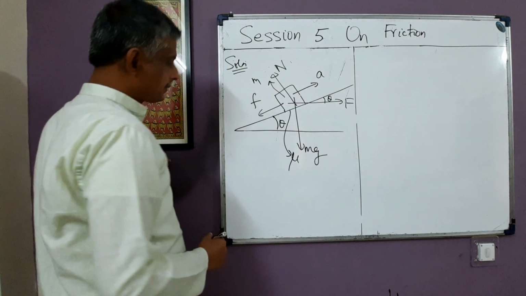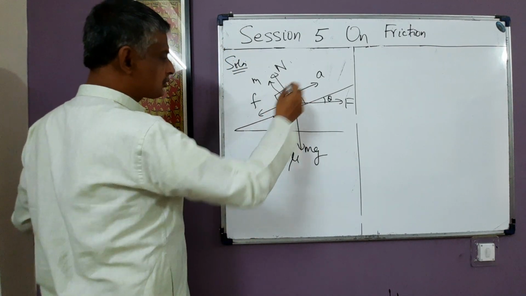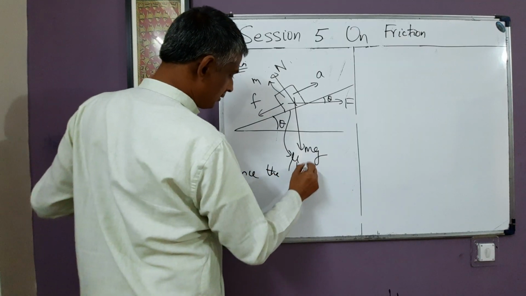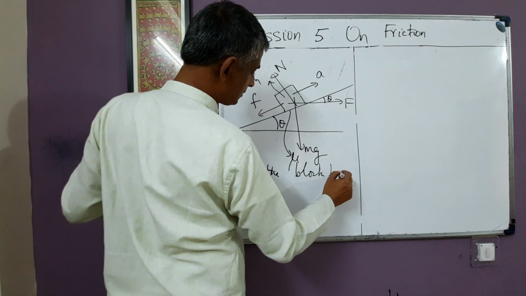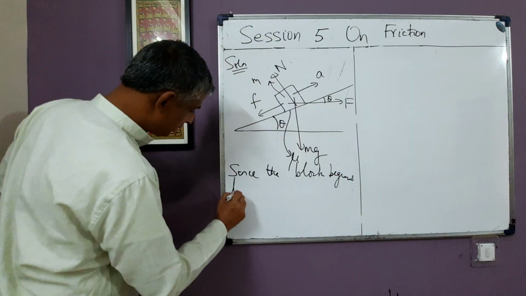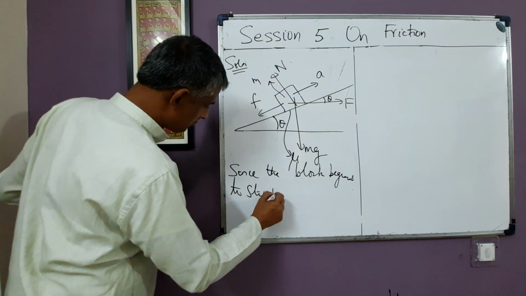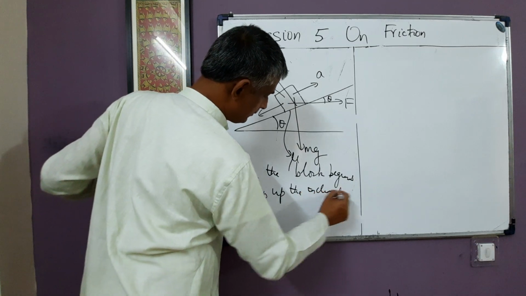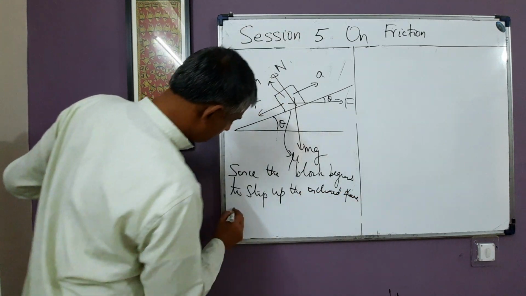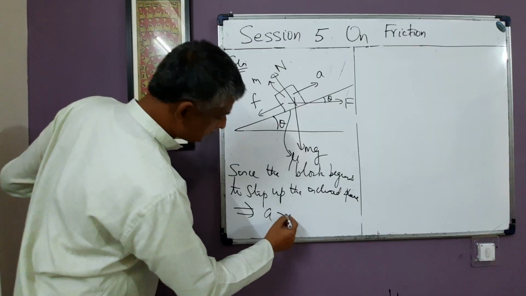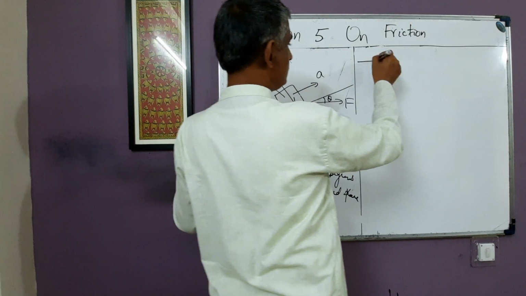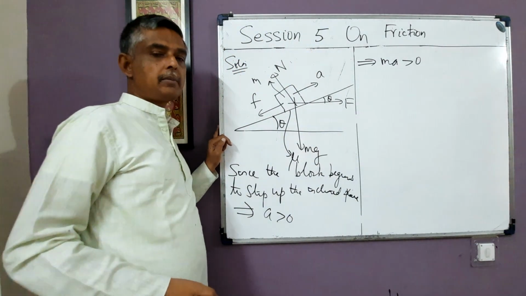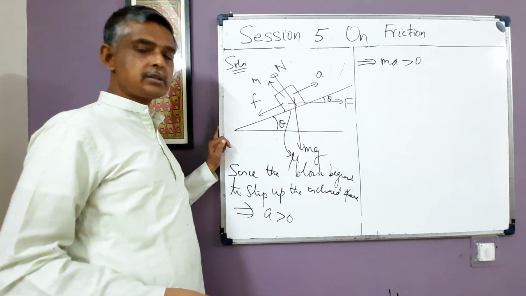Now, since the block begins to slip up the inclined plane, this implies A is more than 0. This means MA is also more than 0. M is the mass of the block. A is the acceleration of block with respect to ground.